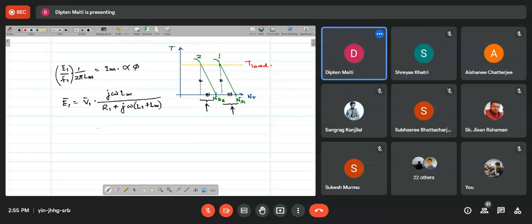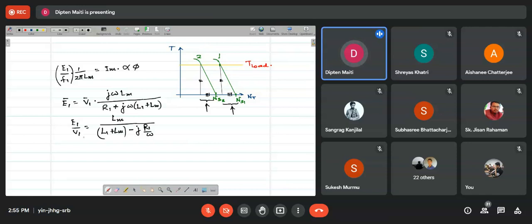We are interested in the ratio. Let's write this: it equals Lm divided by L1 plus Lm minus j R1 by omega.